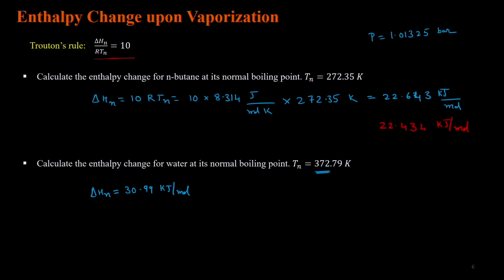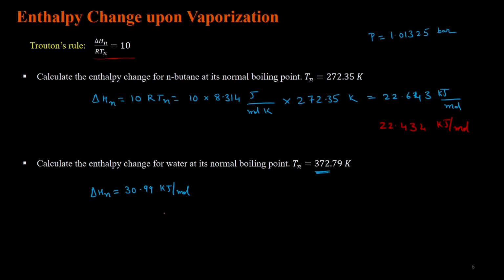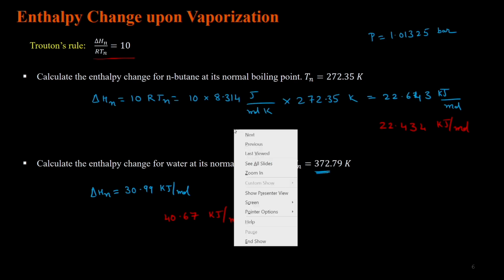We do a similar exercise as earlier, and we end up with a value of 30.99 kilojoules per mole, whereas the actual experimental value is 40.67 kilojoules per mole. So in this case, Troughton's rule doesn't perform as well as in the earlier case. It's about 30% off. But then it gives a ballpark figure. It's a quick estimate of enthalpy of vaporization.